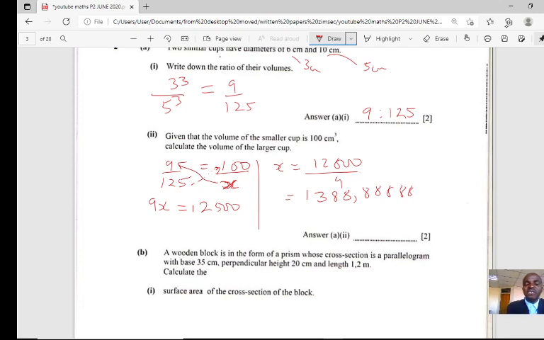For 3 significant figures, you start counting from the first non-zero digit, which is 1 in this case. So you say 1, 2, 3. Then you look at this number 8. It's above 5, so you have to add a 1 to the number before it. So it will be 1390 and units cubic centimeters.